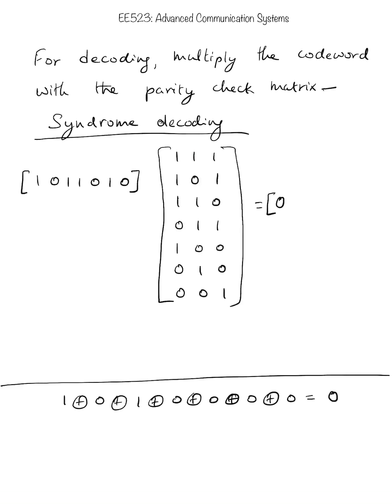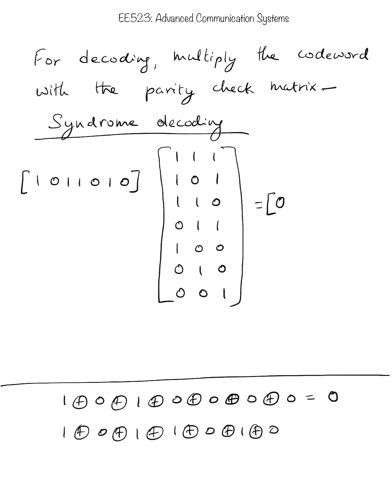Let me write it down. 1 into 1 is 1, plus 0 into 0 is 0, plus 1 into 1 is 1, plus 1 into 1 is 1, plus 0 into 0 is 0, plus 1 into 1 is 1, plus the last one is 0 into 0 is 0.